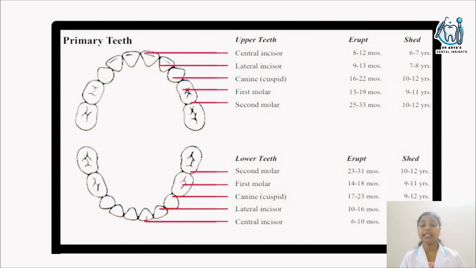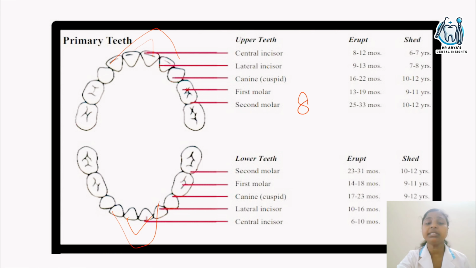So here this is the primary teeth chronology. The question is about 8 anterior teeth, that is upper 2 central incisors, 2 lateral incisors, lower 2 central incisors and 2 lateral incisors.